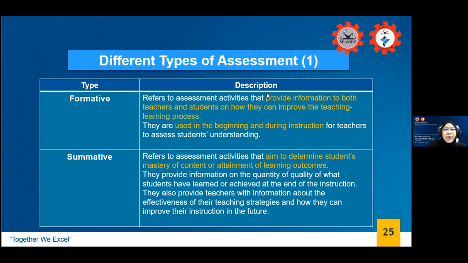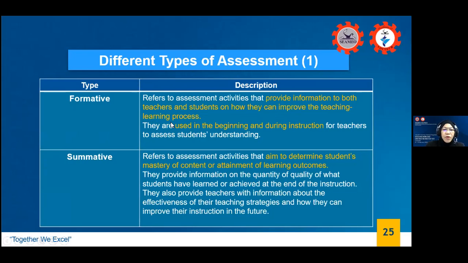I hope you will write that down. Formative is about assessment activities that provide information to both teachers and students on how they can improve the teaching and learning process. Everyone, this is the important point here: the teaching for the teacher and the learning for the student.